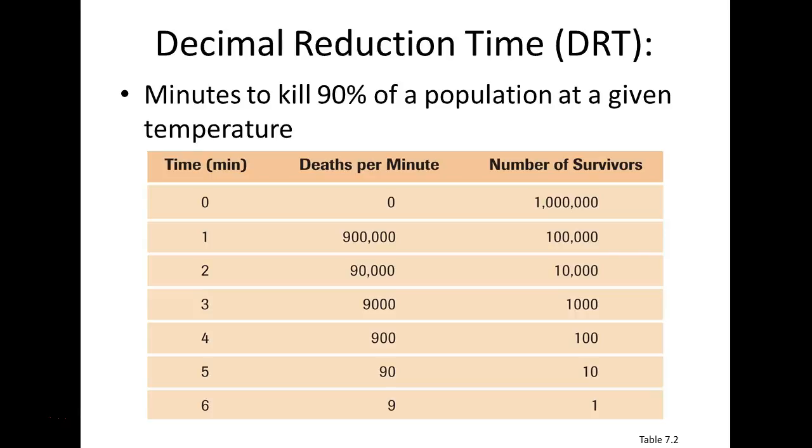Everybody think about that question and then try to give an answer. How many? So this says after 0 minutes I have 1,000,000. That means when I start I have 1,000,000. After 1 minute I have 100,000, then 10,000, then 1,000, then 100, then 10, then 1. How many after 7 minutes? Everybody think about that.